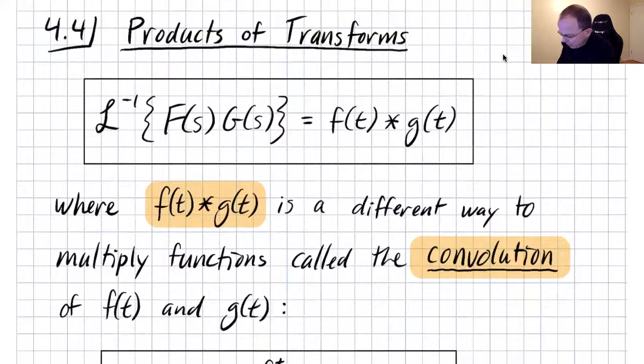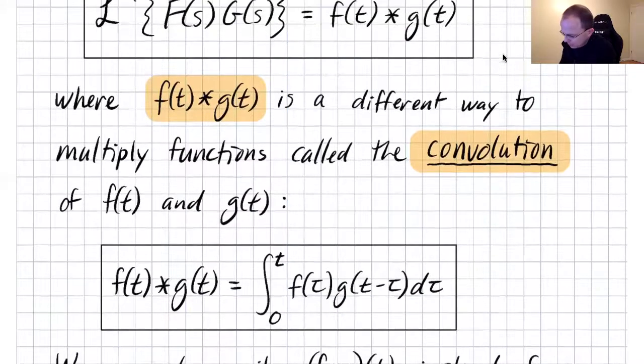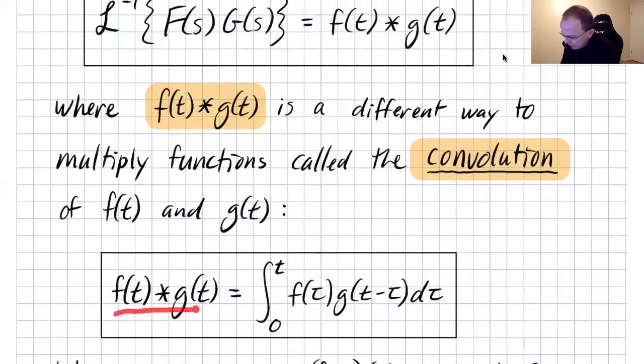And how do you multiply these two functions in this way? The convolution of f and g is equal to the following integral. We're integrating with respect to tau, so d tau. We're going to integrate f of tau from 0 to t, and then multiply that by g of t minus tau.